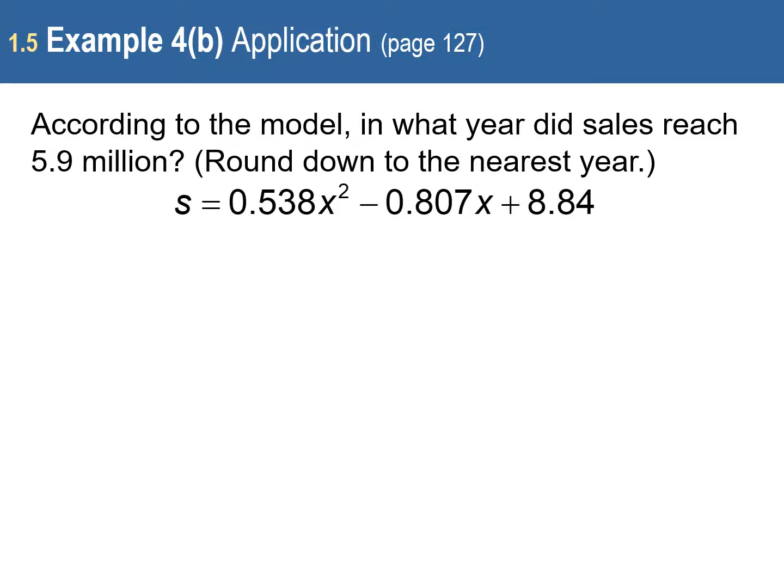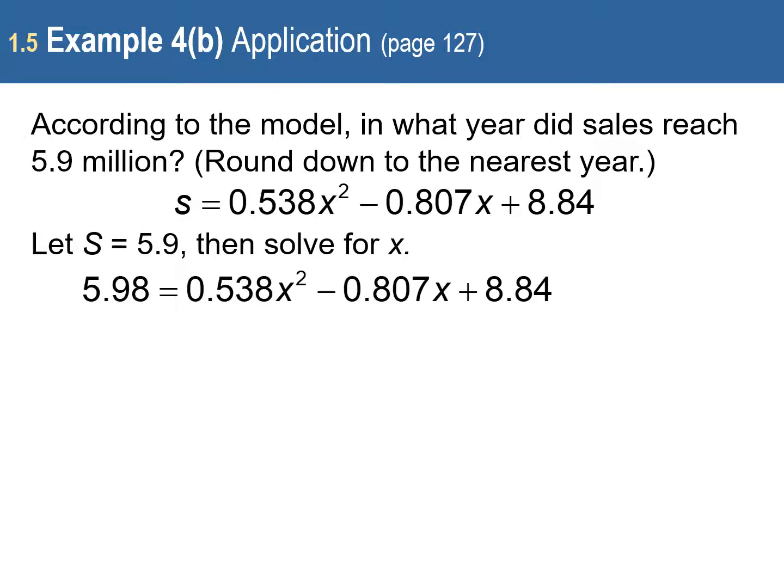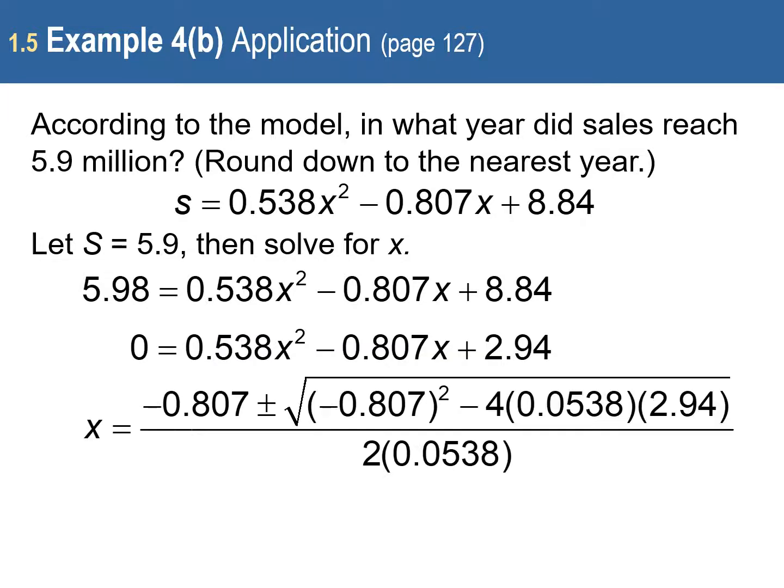According to the model, in what year did the sales reach 5.9 million? Round down to the nearest year. So I'm going to want to know when is S equal to 5.9. Solve for X. So we're going to put it in standard form, and in these, you always want to use the quadratic formula. And I get 8.8 or 6.2.